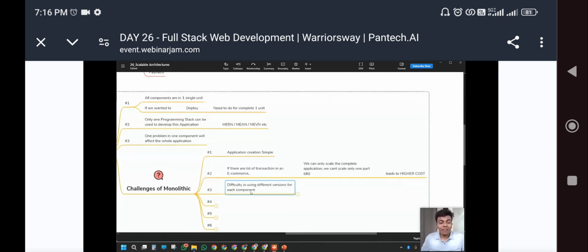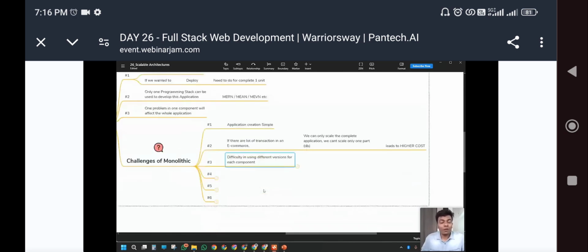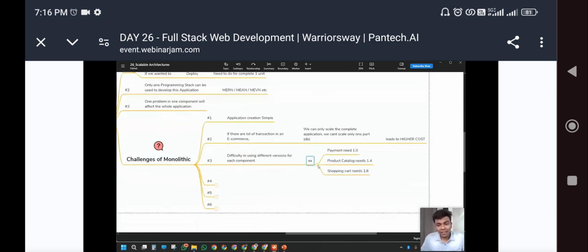And the third thing is difficulty in using different versions for each component. Just imagine, guys, in this monolithic architecture you have different components and services like payment, product catalog, shopping cart, etc. If you are going to use one stack, of course we need only one stack, and now you are using a MERN stack.